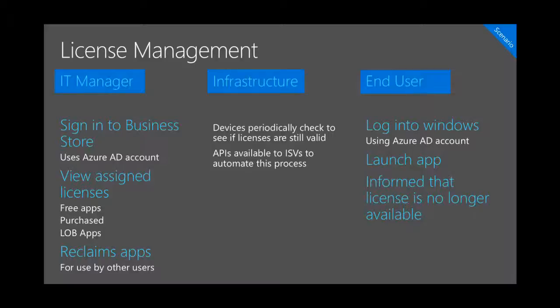For a user who just walks off and thinks he can continue to use that app, the phone will check back with the licensing server on a regular basis to see if the app is still licensed or not, and then the app will be disabled if they're no longer part of your organization.